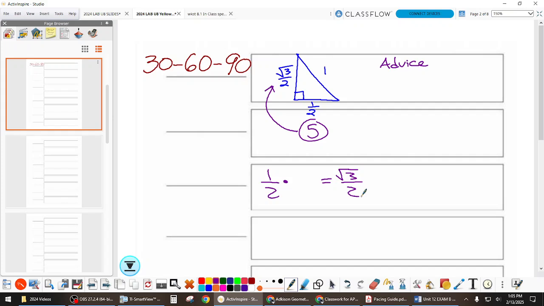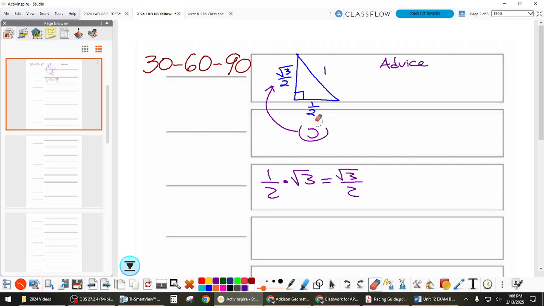That's the relationship. Like, what do we do right here? So do you see how I already have a 2 in the denominator? So I just need to multiply by root 3, right? And then it becomes that. So in other words, this short side needs to be multiplied by root 3 to get the medium side, okay?